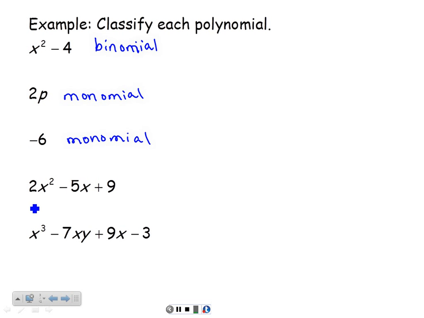And for the next one, I see 3 terms, 1, 2, 3, and so this is a trinomial. And for the last one, I see 1, 2, 3, 4 terms. So we could say that this is a quadrinomial, but more or less it's a polynomial, many terms. And so this is just memorization. You just have to memorize monomial, binomial, trinomial, and polynomial.